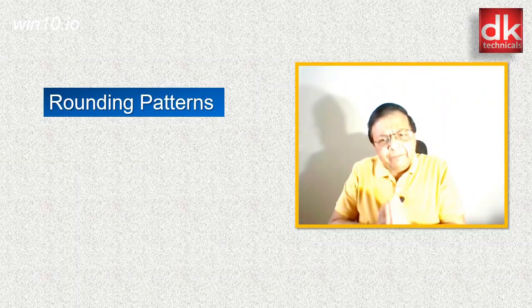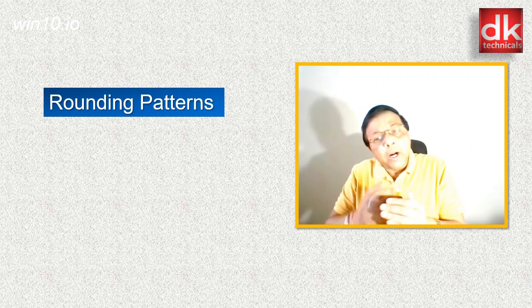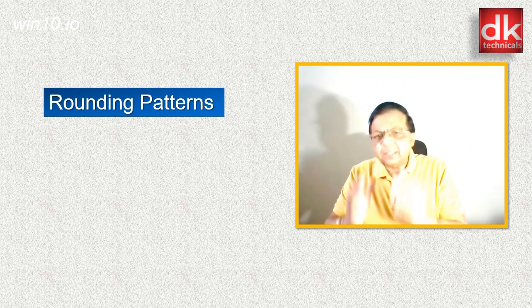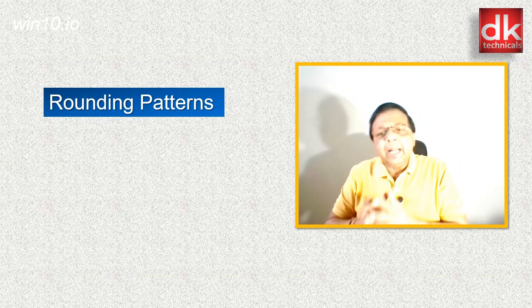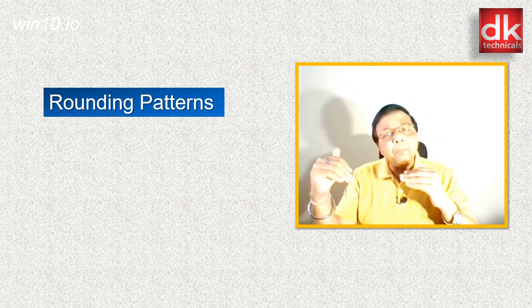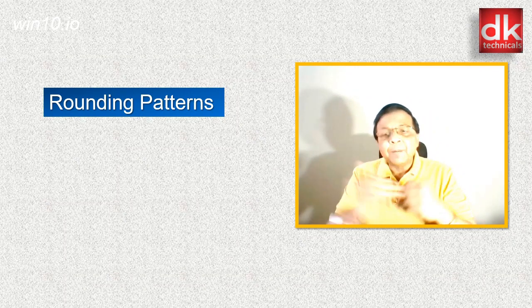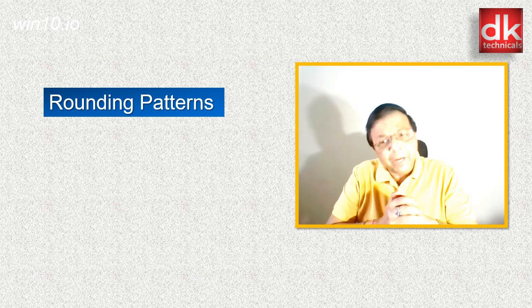So friends, today we are discussing all about rounding patterns, which is nothing but a chart pattern or a price pattern that appears on the price chart. But round shaped patterns sometimes may be very confusing to the beginner.